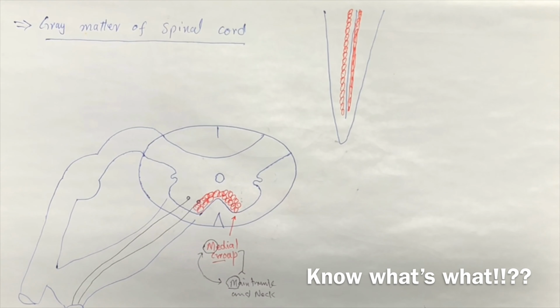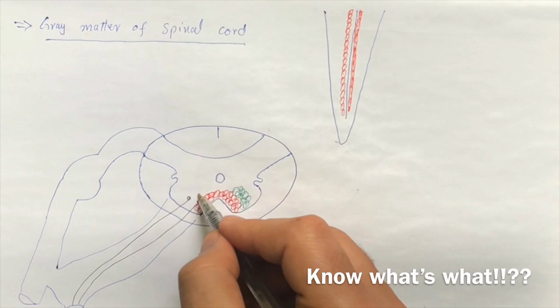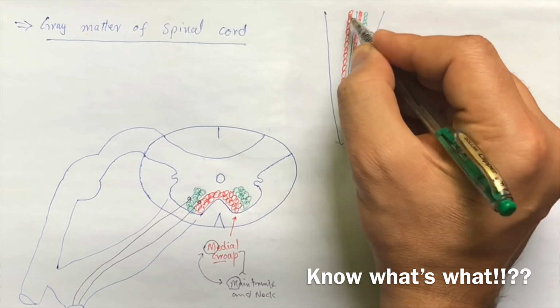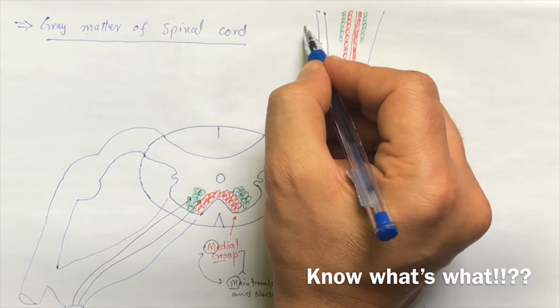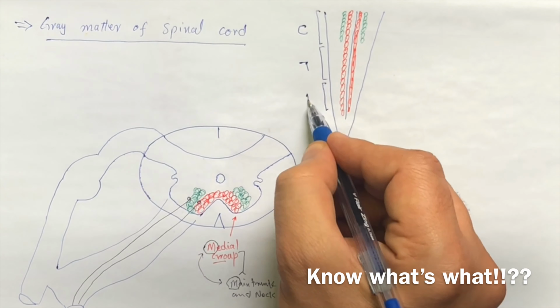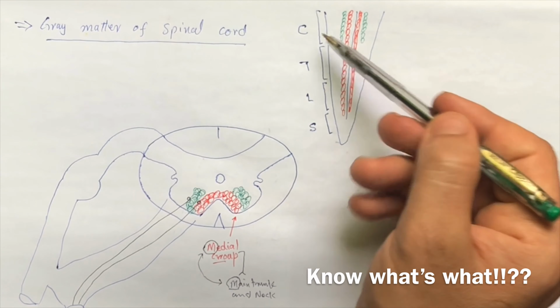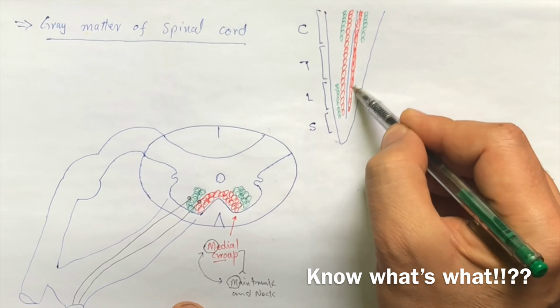Now, we have another group of nerve cells. These are the central, and they are small. And if we see in the diagram, they are located in the cervical region and the lumbosacral segments. So here are the four different spinal cord segments that I've shown.